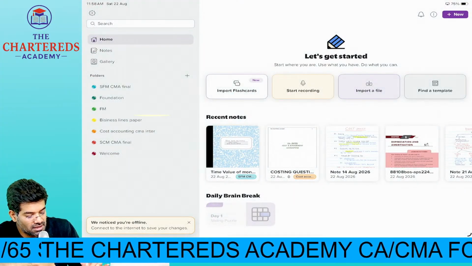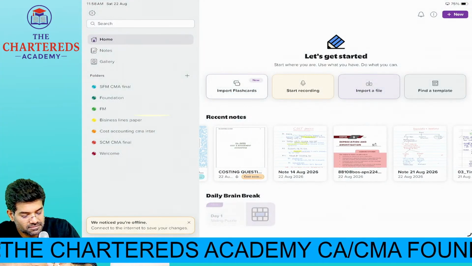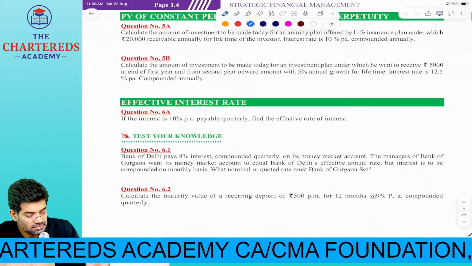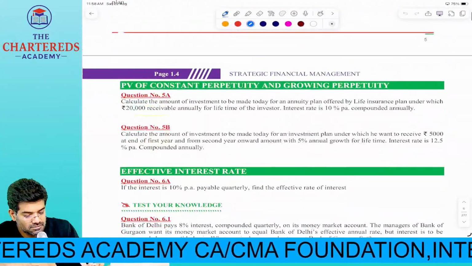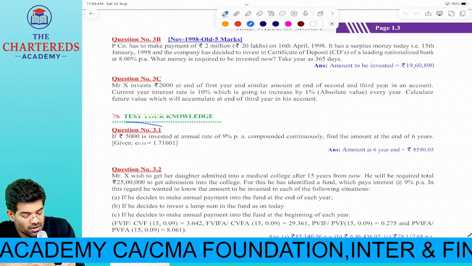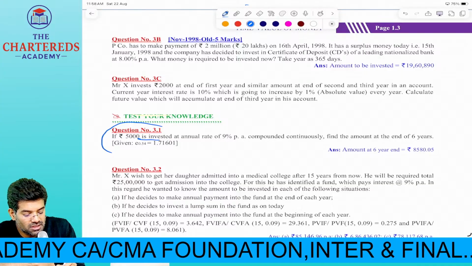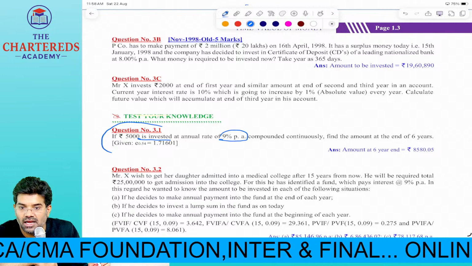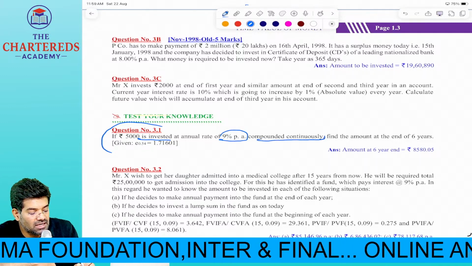See this question 3.1. If 5,000 rupees is invested at an annual rate of 9% per annum, compounded continuously.